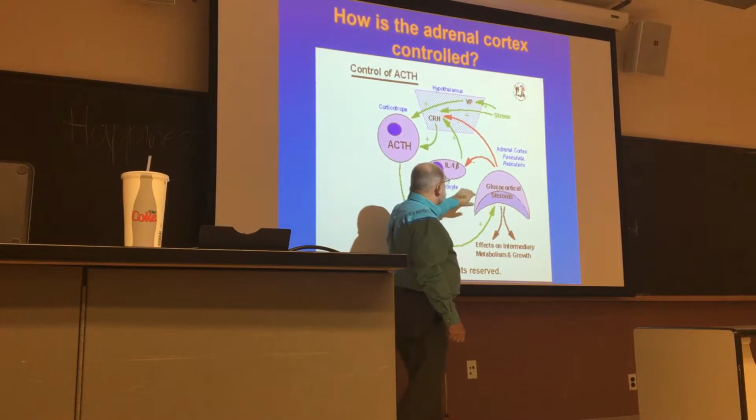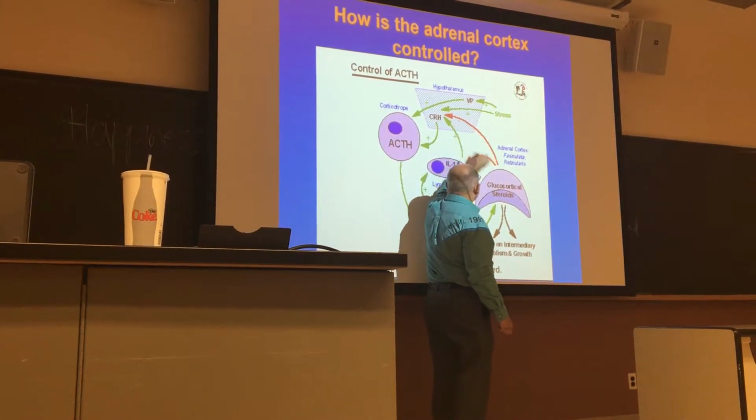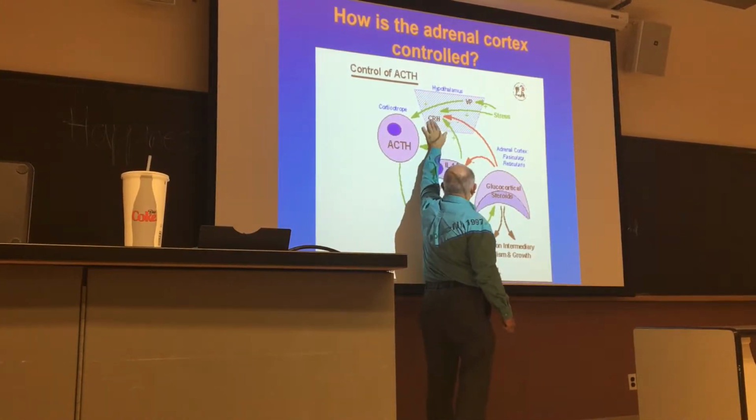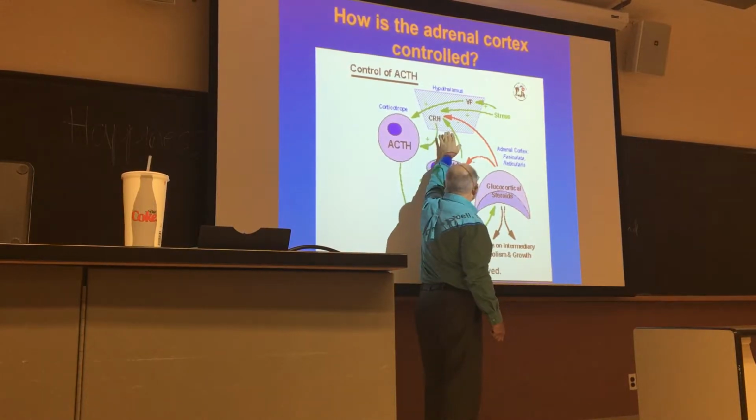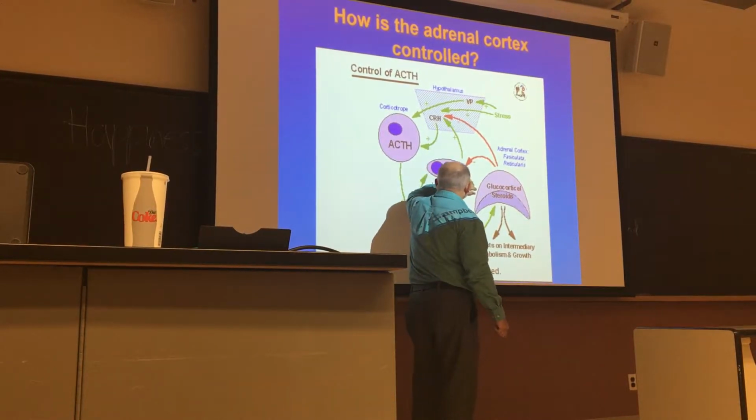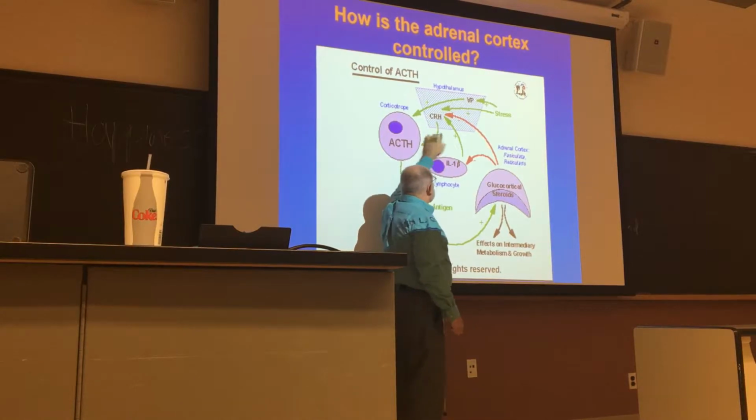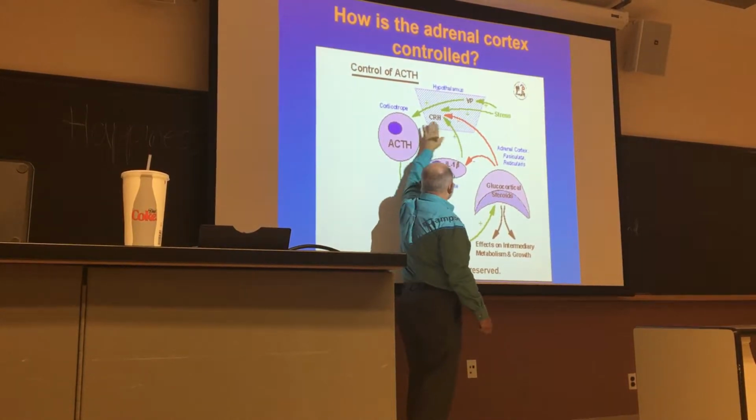And those steroids negatively feed back on the production of corticotropin-releasing hormone in the hypothalamus. So that's kind of the primary loop that you've got going on there.